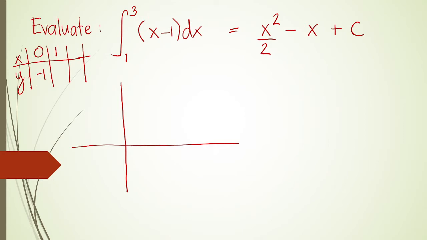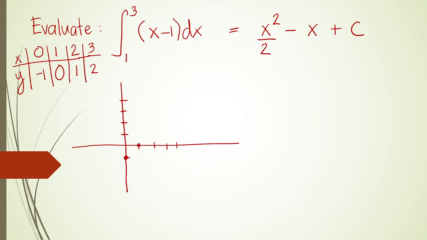What if x is 1? What's the value of y? 0. What if x is 2? What is the value of y? 1. What if x is 3? 2. So if I'm graphing this, I have 0, negative 1 here. 1, 0 is this point.